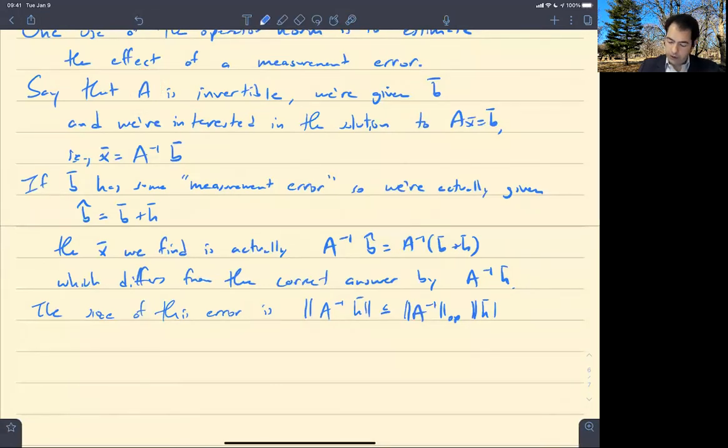So what does close to being singular mean? Well, for example, we know that a matrix that has an eigenvalue 0 is not injective.